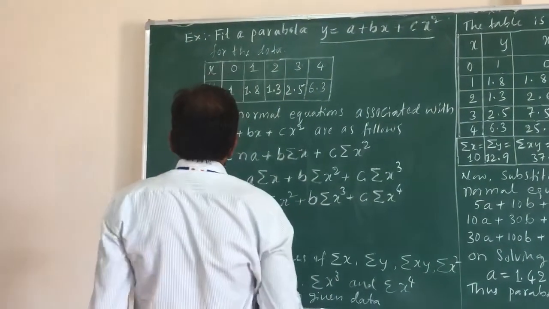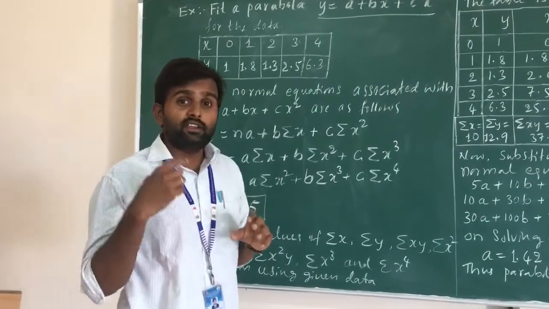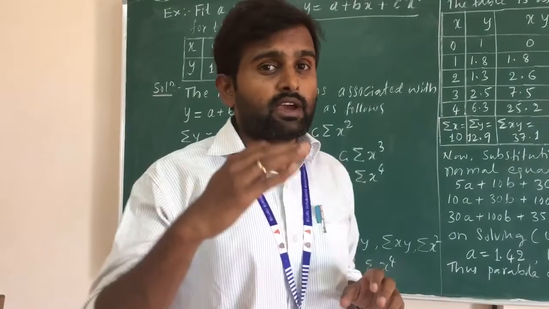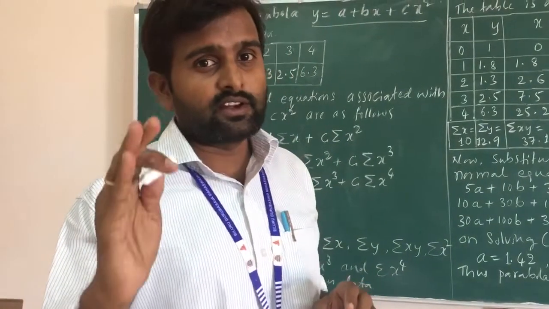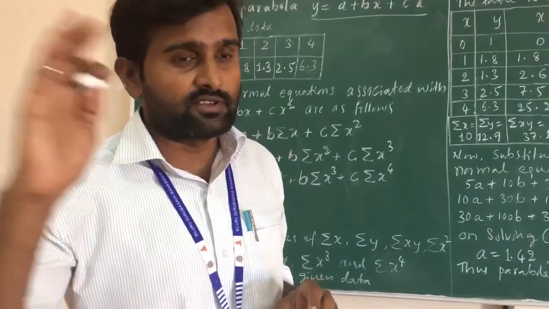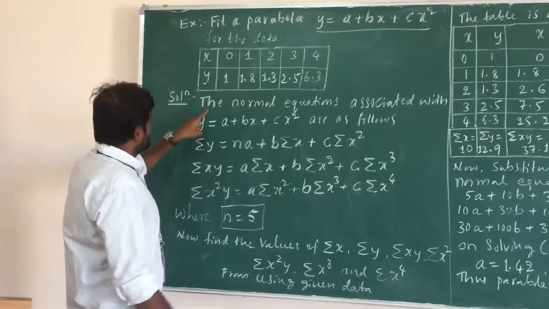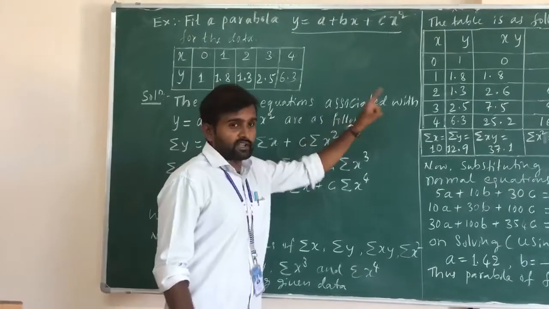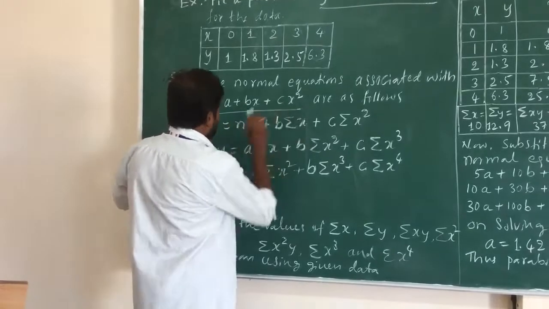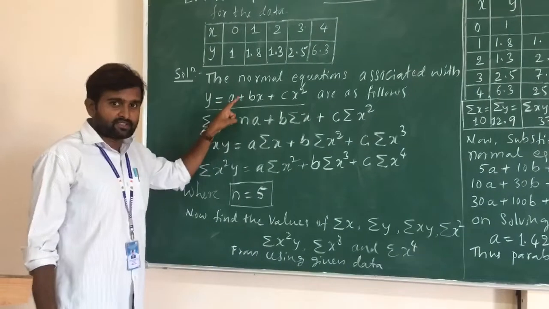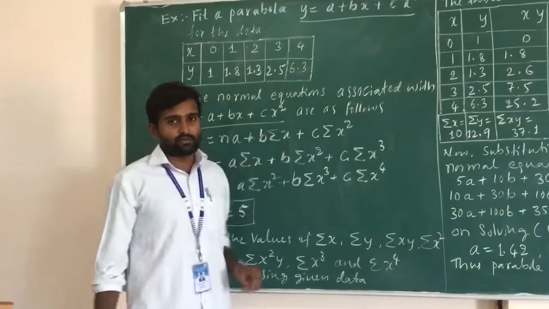Now if you have first degree, the normal equations are different. If you have second degree, there also the normal equations are different. See here. The solution procedure: the normal equations associated with the parabola equation y equal to a plus bx plus c into x square are as follows.